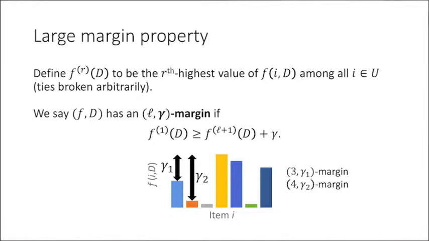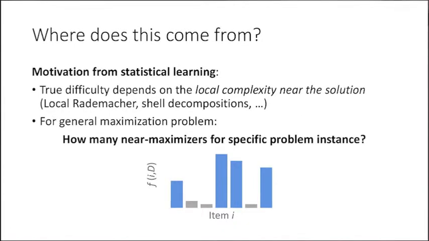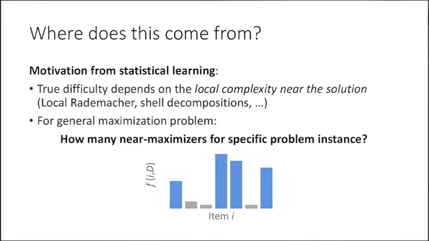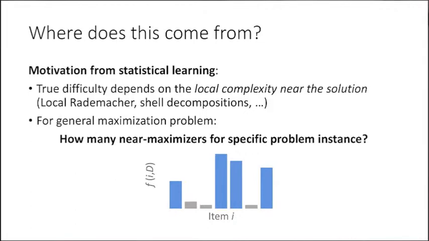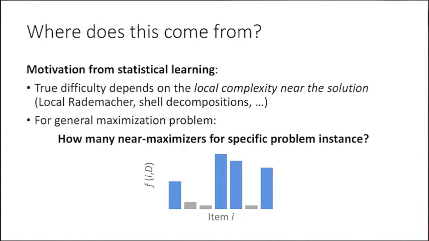Okay, so where does this come from? We took motivation from statistical learning. When you look at statistical learning problems, you're trying to learn classifiers that have low error or high accuracy. What's now well understood in statistical learning is that the difficulty of the problems doesn't depend on the global structure of all the possible classifiers you might consider, but only on some notion of local complexity, the complexity of the space of classifiers just around the best classifier or the true classifier, if there's a true classifier.